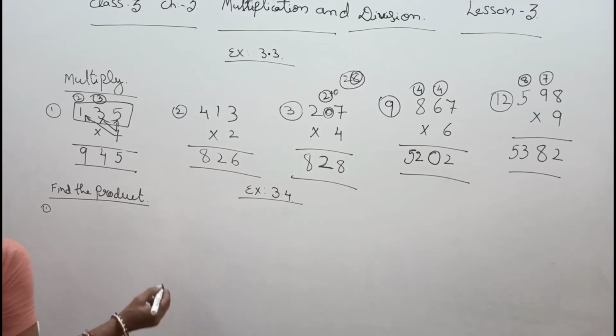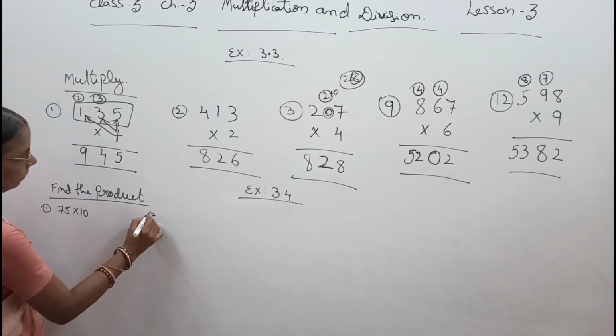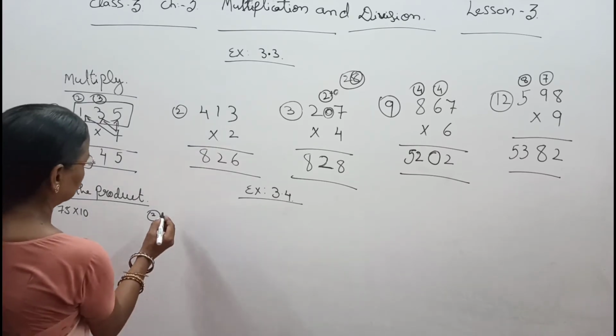First of all, we have to answer these questions: 75 into 10. The second one is 387 into 10.